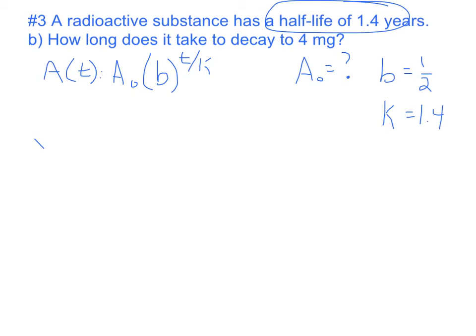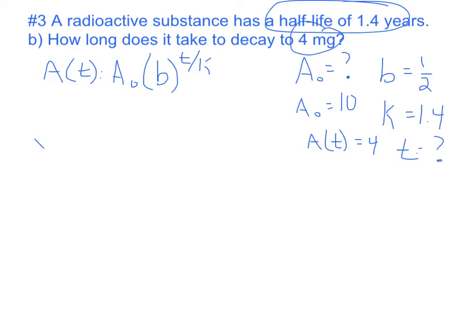Do we remember the initial amount? I think they said that the initial amount was 10 in the last example. So that's what we'll go with. And what's our new amount? What do we want to end with? Well, that's 4. How long does it take to happen? Well, that's what we're trying to figure out.